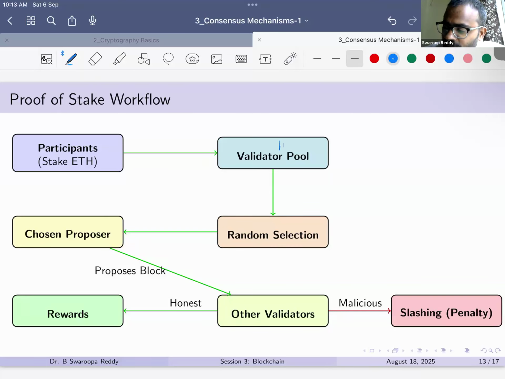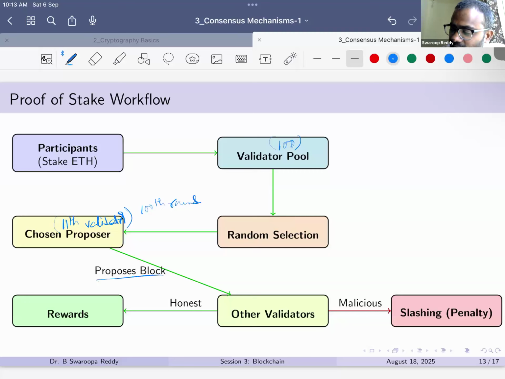For example, there are 100 members in the pool. Out of the 100, every time it will pick randomly. For example, the 11th one will become the proposer. So the 11th validator is picked as block proposer at the 100th round.